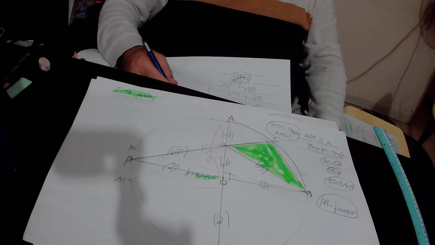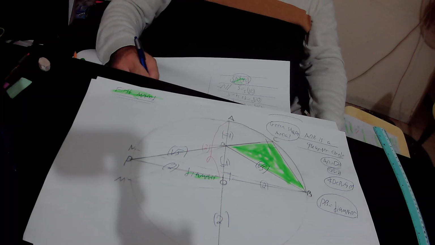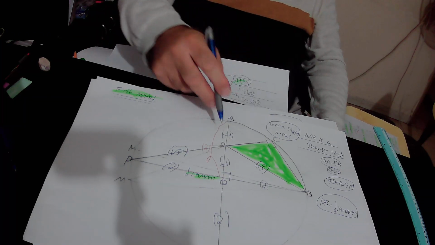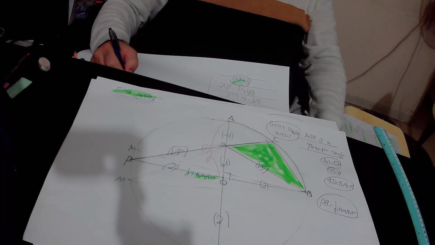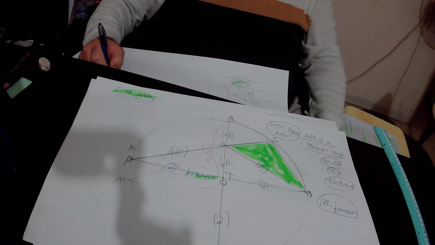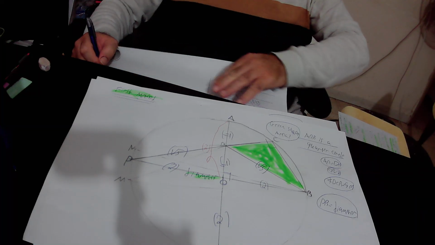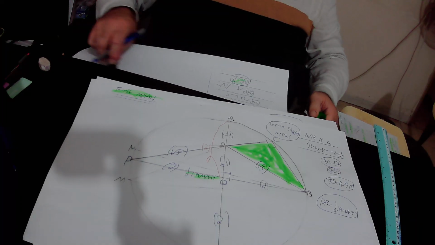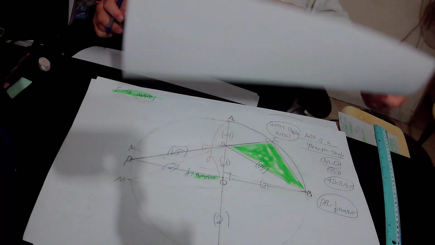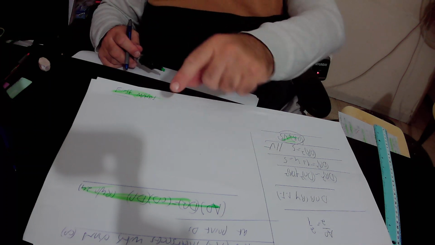So, write it down: AD times DQ equals CD times DP.